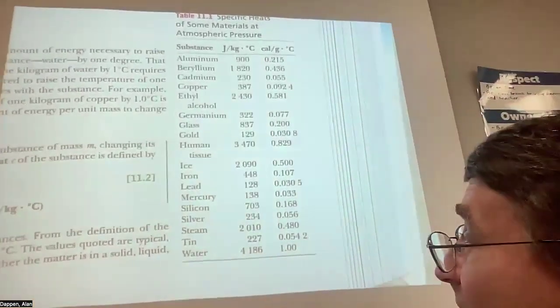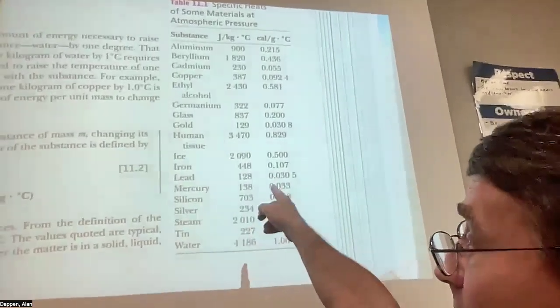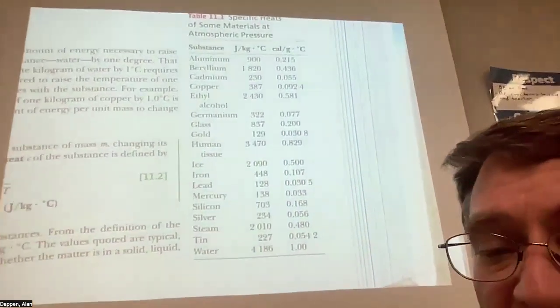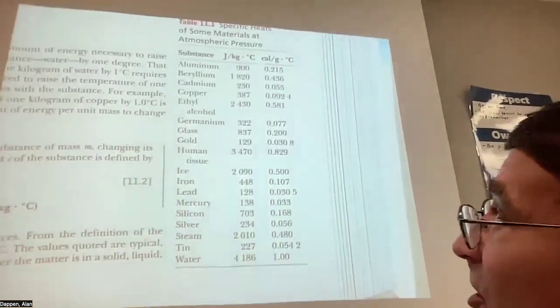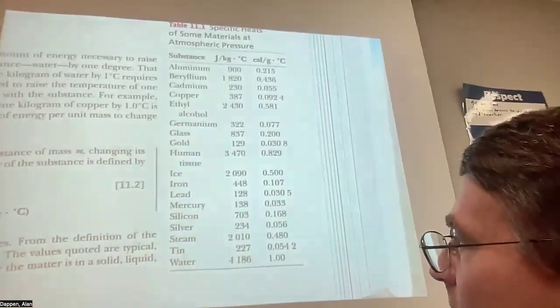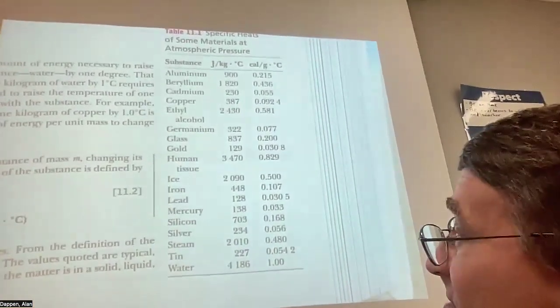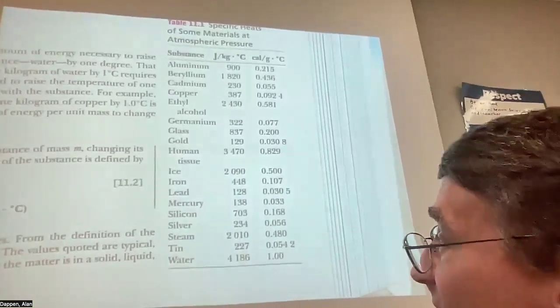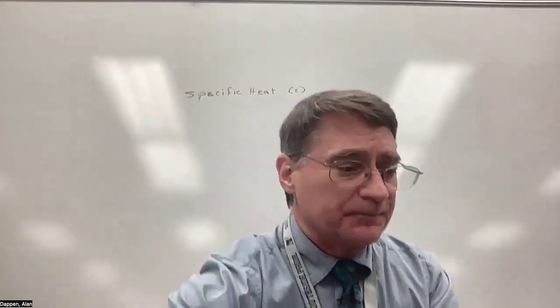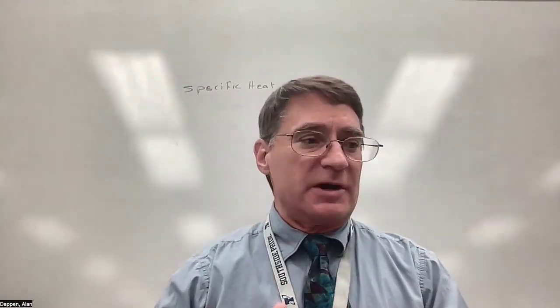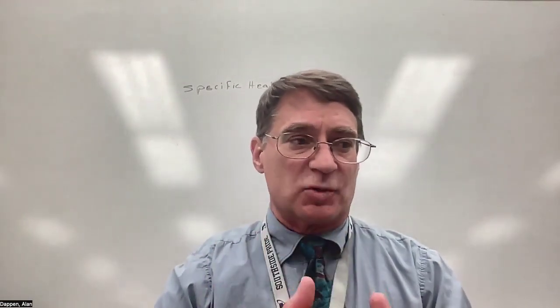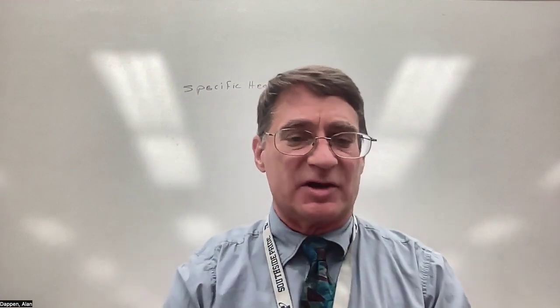Steel isn't on our list, but iron is. Iron is 448 joules per kilogram per Celsius degree. So water was 4,186. Iron is 448, almost 10 times less. If we look at the amount of temperature change, the iron sample went up from 20 to 27, so about 7 degrees.